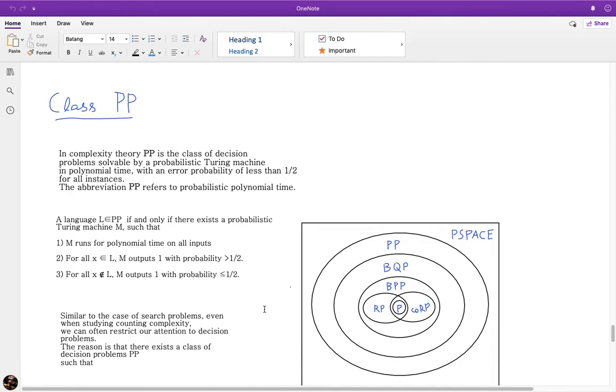and which has an error probability of less than half for all the instances.